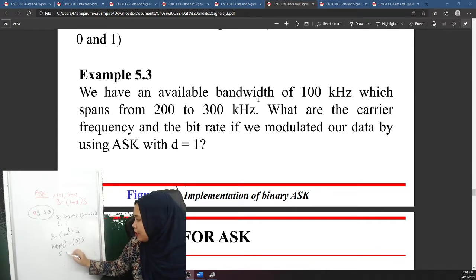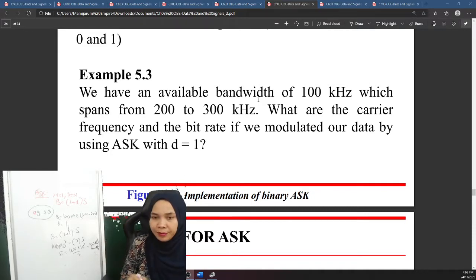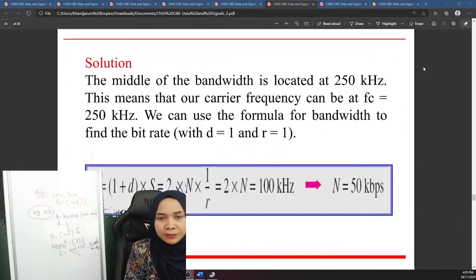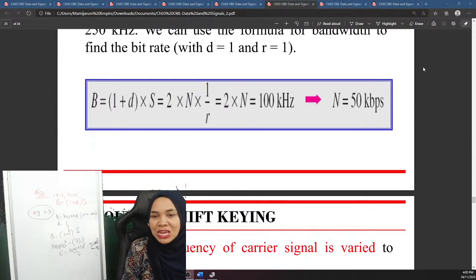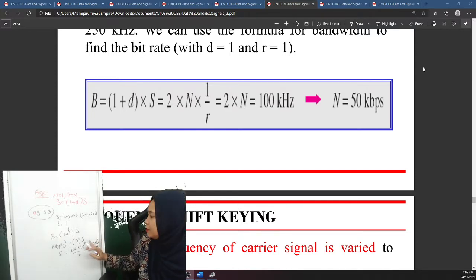So S is 100 divided by 2, which gives 50 kilo. What is this? S is the baud rate, 50 kilobaud, or 50 times 10 to the power of 3 baud per second. This is the answer. So that is the baud rate, 50,000 baud per second.